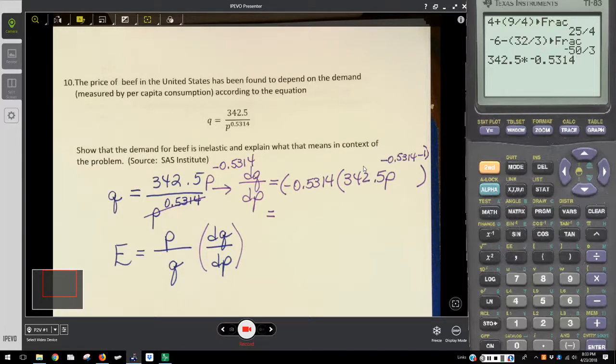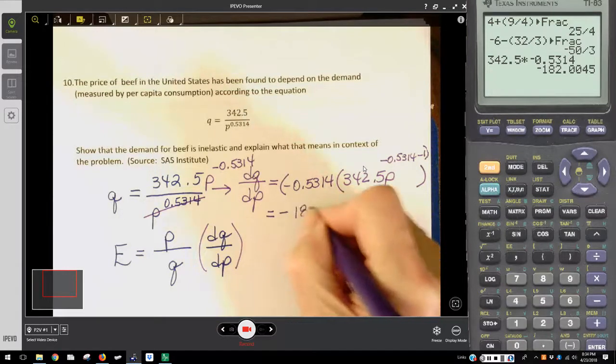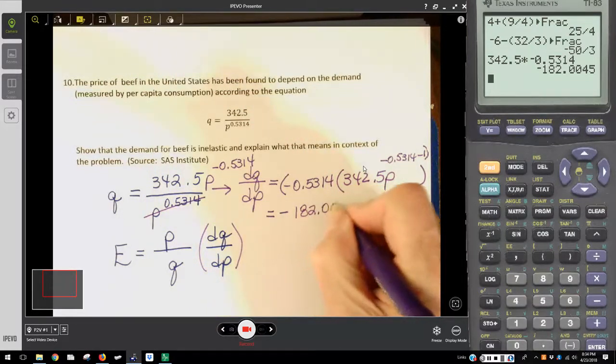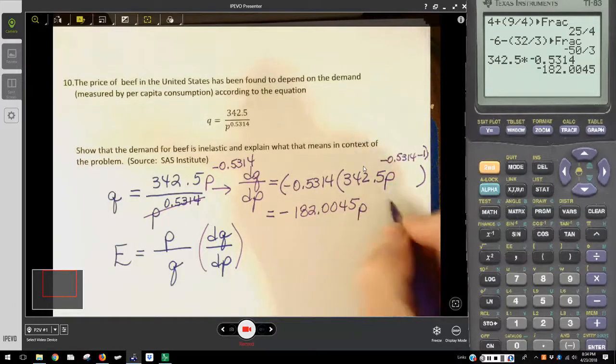So 342.5 times negative 0.5314 is negative 182.0045. And that's times P to the negative 1.5314 power.